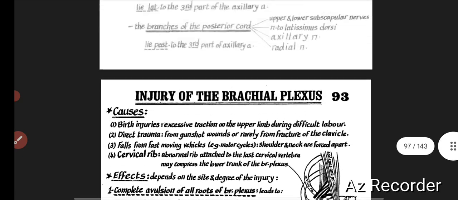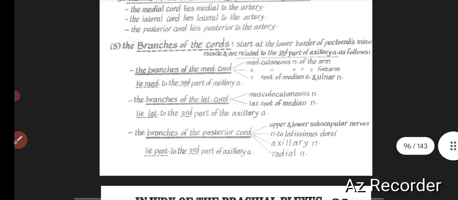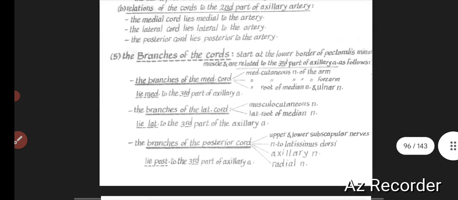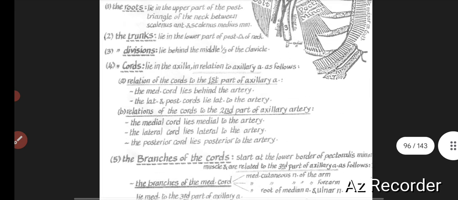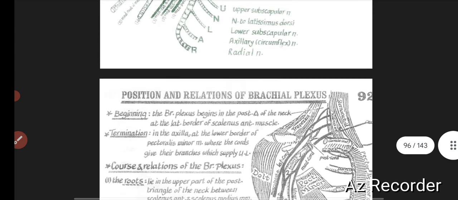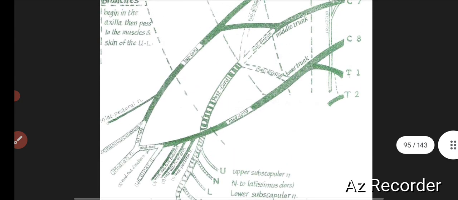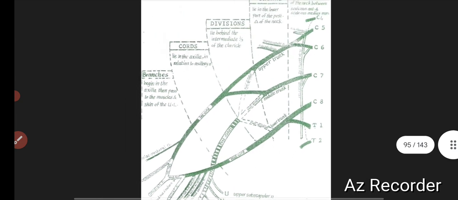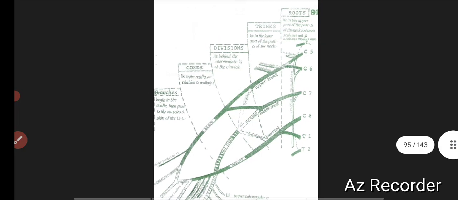Now, one more important part is that when you are reading the brachial plexus, you have to draw this picture. This picture.